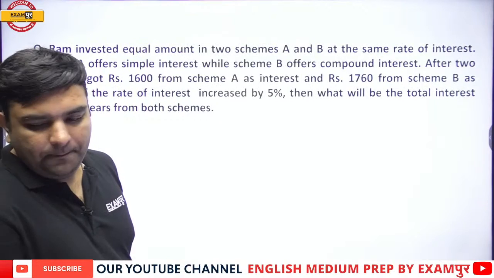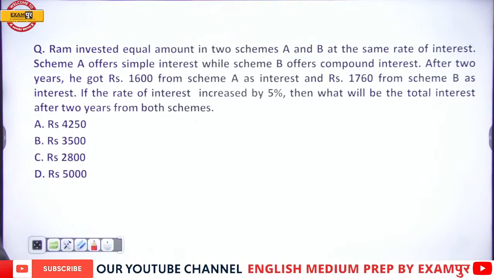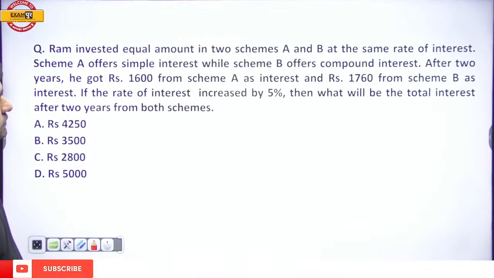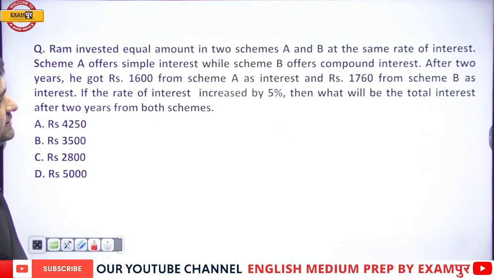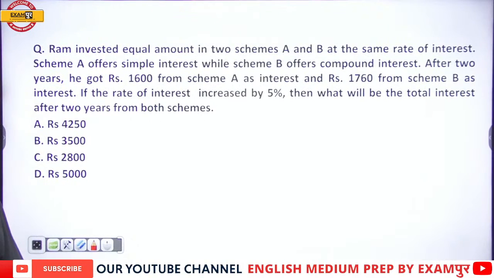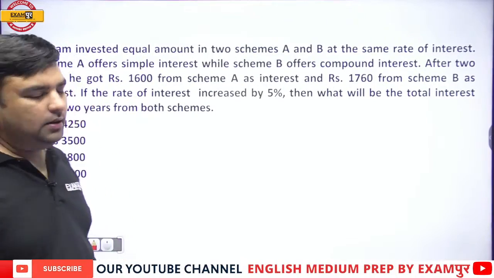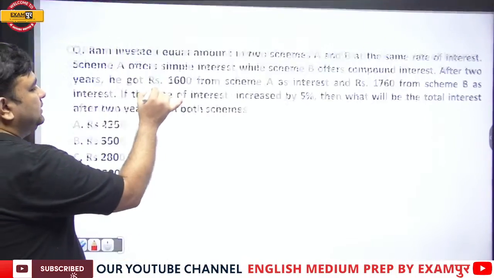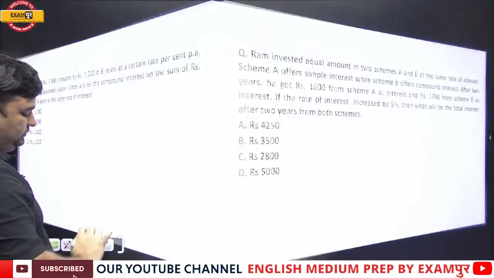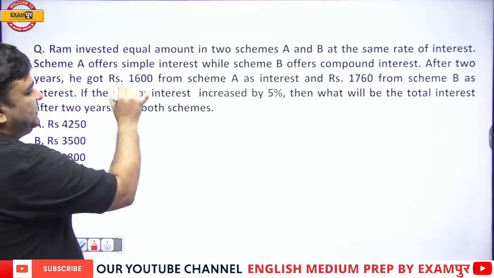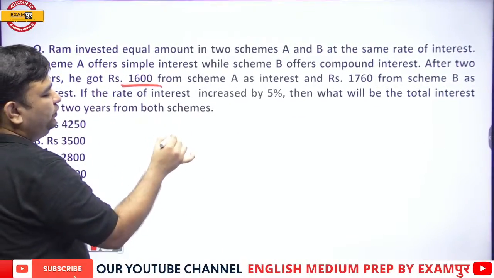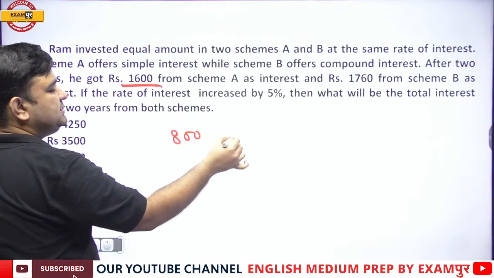Scheme A offers simple interest, scheme B offers compound interest for 2 years. Easy. If 1600 is the simple interest of 2 years, it's 800 each year.